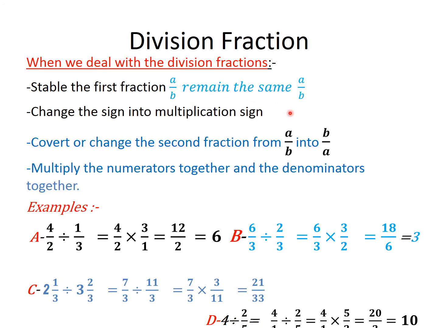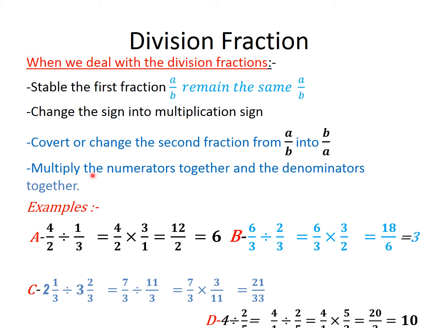Okay, the second point is change the sign into a multiplication sign. Number 3, convert or change the second fraction from a over b into b over a. This is called a converted fraction or a changed fraction.